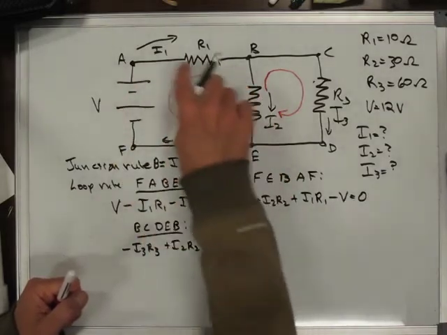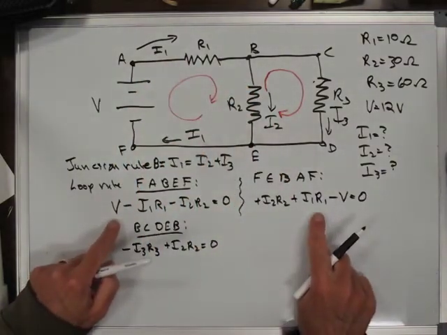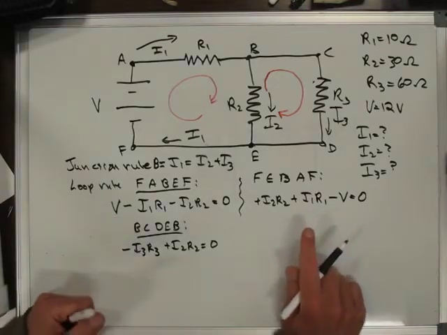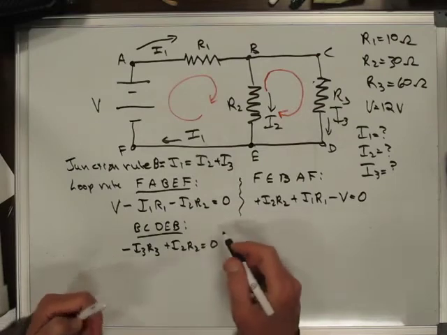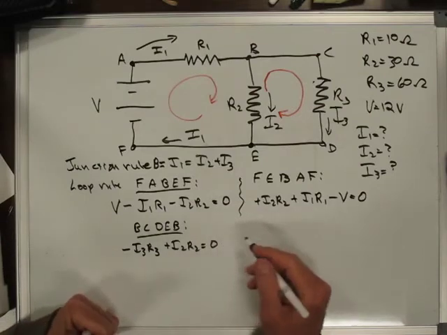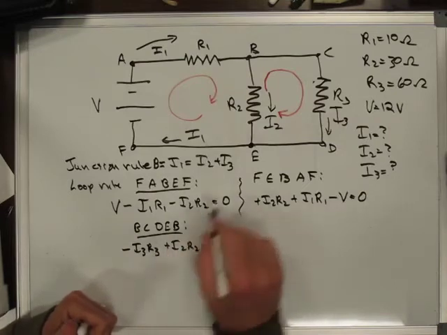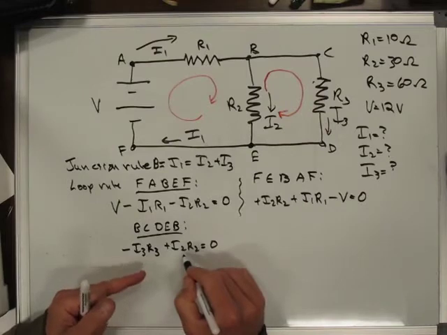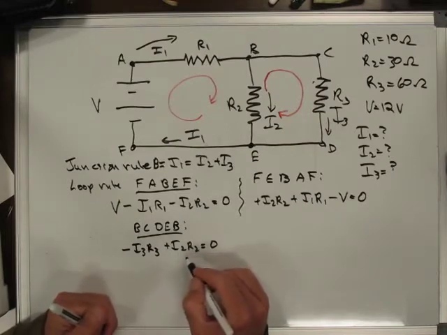You can see that this is the same equation as this one. Doesn't matter which way I go around the loop, I get the same equation. Okay, and so if I want to wrestle my way through these, I can say, look, I've got these 3 equations, and I want to solve for I1, I2, and I3.